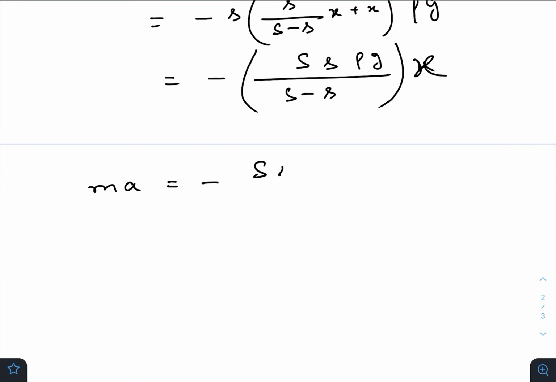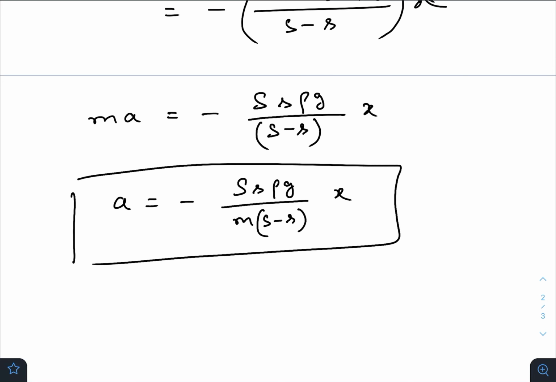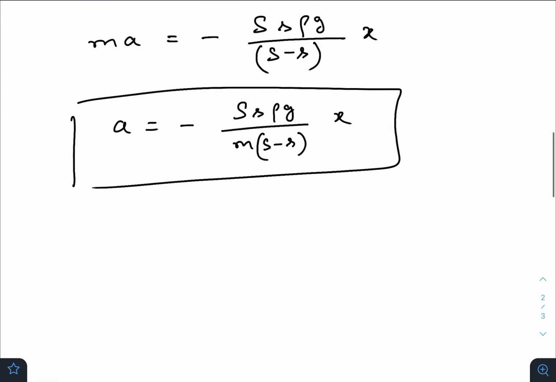So the final expression for acceleration is rho g s S divided by m (capital S minus small s) times x. So this is the expression for the acceleration, considering the motion is having small amplitude.